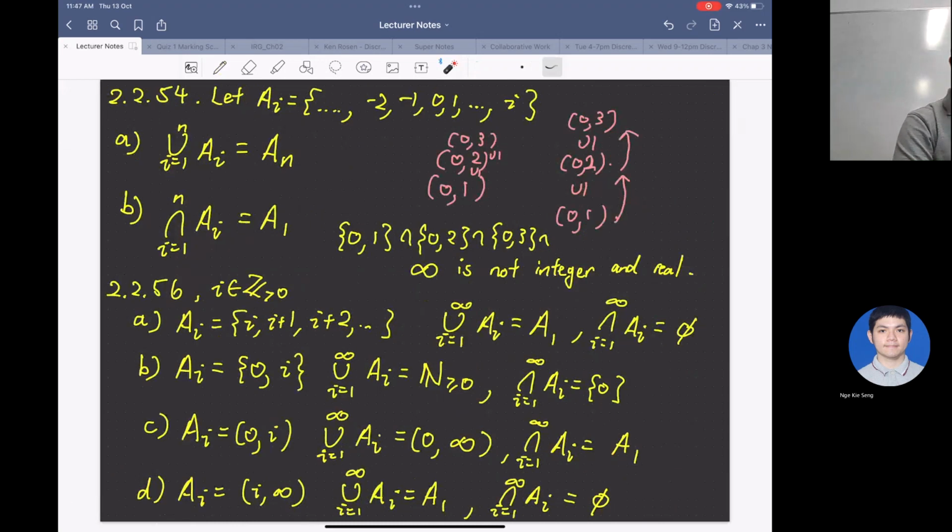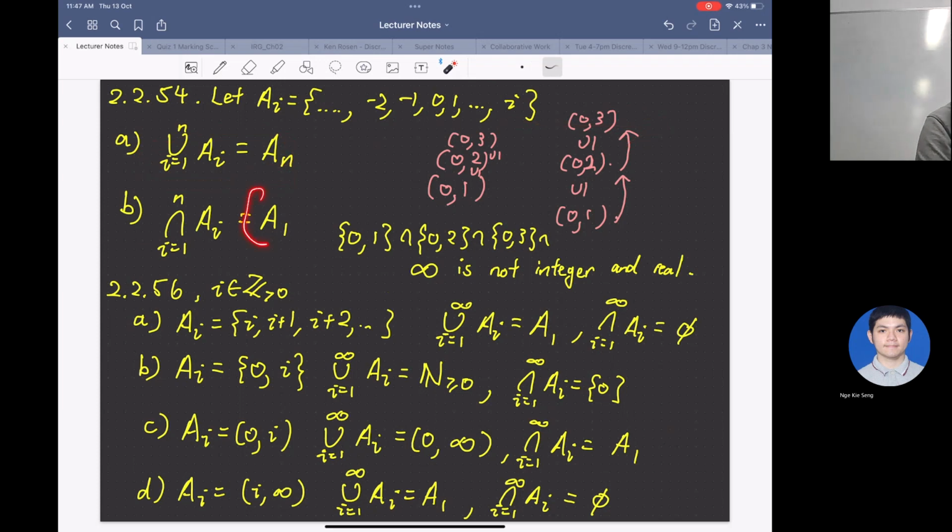2.2.54. Okay, this one is close to what we did in the class. So you take the union of this A_i here. A_i is integers, I think, so integers stop at i. If you take the union of them, you are increasing, so you take the last A_n.